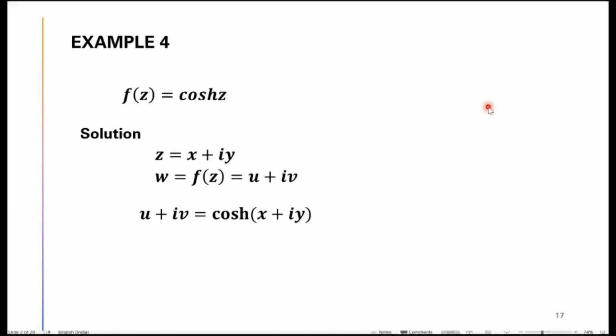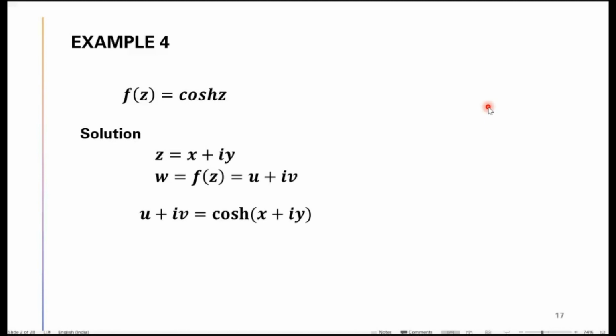So I told you when you have two sine functions or a sin square term, there is a sign change. So for cos hyperbolic, if we have to write the formula, it will be cos ha cos hb plus sin ha sin hb, because in the cos formula there is a minus and after that minus two sine functions are coming.